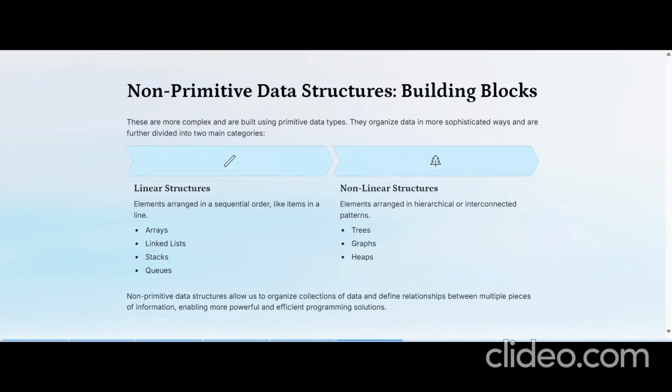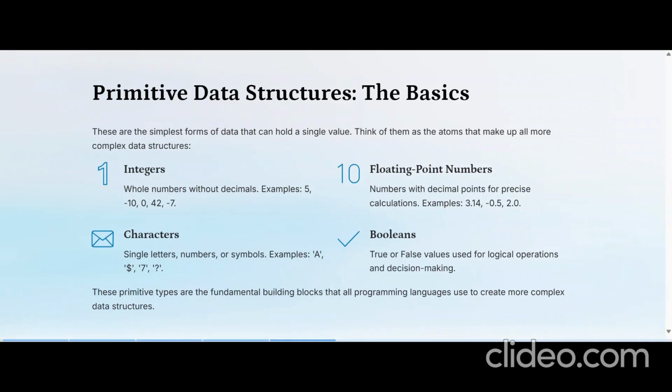First we will start with the primitive data structure. These data structures are the simplest form of data and can hold a single value. Let us take the example of integer. In an integer we don't use a number which has a decimal value; we can say whole numbers without decimals.